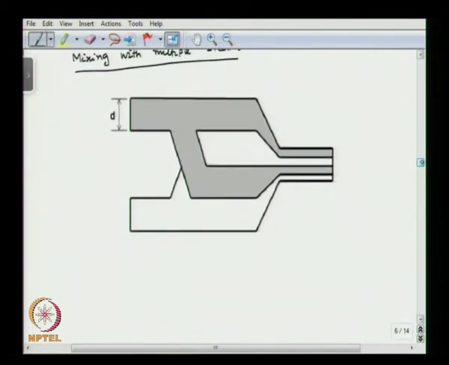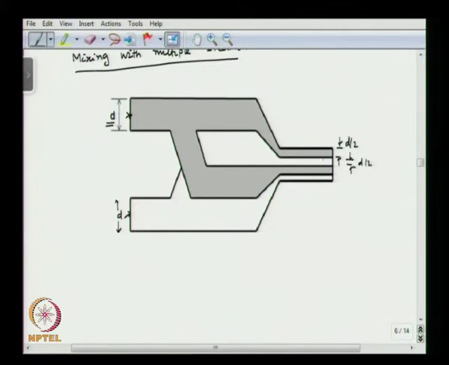So, here you can look at this is one fluid, with equal width here. Now, instead of mixing these two fluids together, what we do is we divide each stream into two parts, as in this case. So, D is divided into D by 2, and the second fluid is also divided into D by 2.